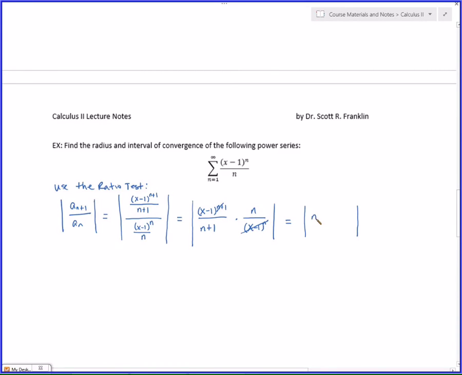And you have n over n plus 1, and then just an x minus 1 to the first left. Alright, can you take the limit of that? That's pretty easy, isn't it? The constant is just a constant, so it just sticks around. So it's like x. In fact, what does this do as n goes to infinity?